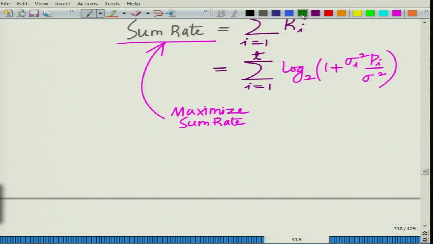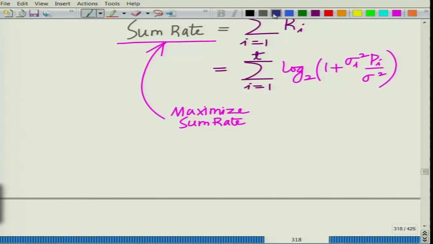Now, typically, whenever we look at a wireless communication, there is a constraint on the transmit power, right. The transmit power is not unlimited, right. So, which essentially implies that if you look at all these T parallel channels, which have powers P1, P2, Pt, the total transmit power has to be constrained by a maximum power. That is, if you look at summation, that is P1 plus P2 plus so on up to Pt, that has to be less than or equal to the total transmit power.